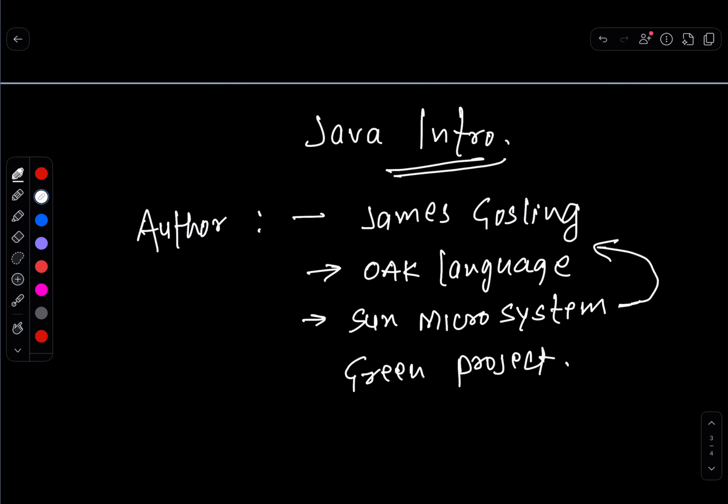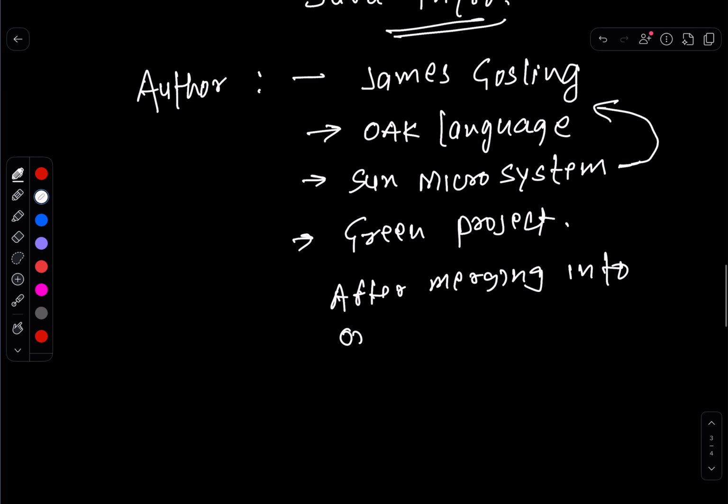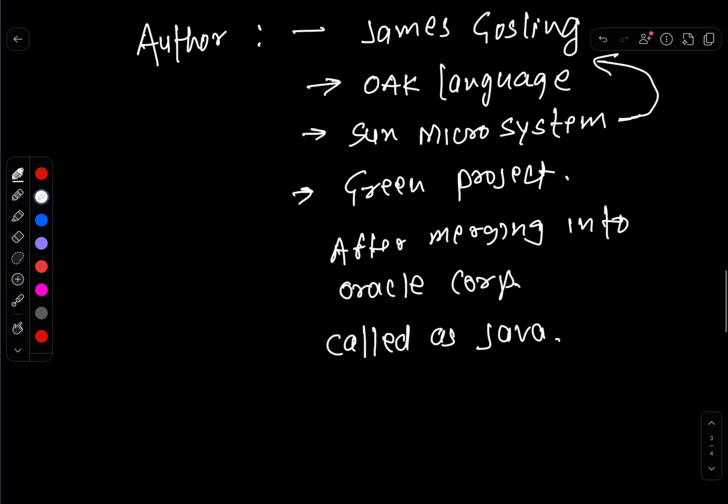Then he created a new language, which initially was called the Oak language, but after merging into Oracle Corporation, it was called Java.